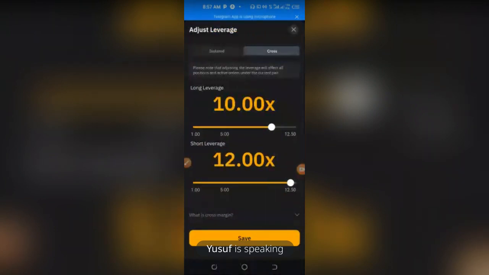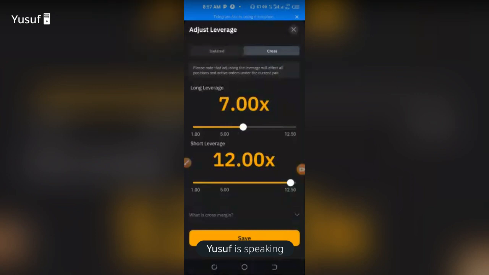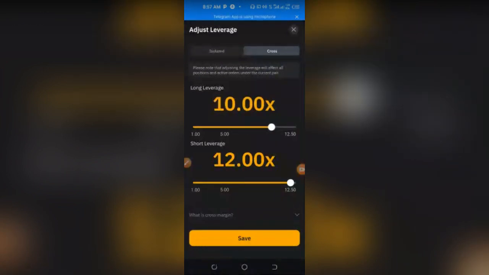If you want more than 10x, the maximum leverage for this coin is 12.5x. There are some coins that allow more than that, like BTC. You can still get more than 10x. So I'm going to show you. That is for the leverage, meaning that with your $20, you are capable of trading with $200.